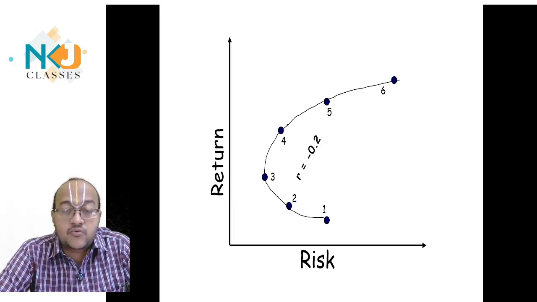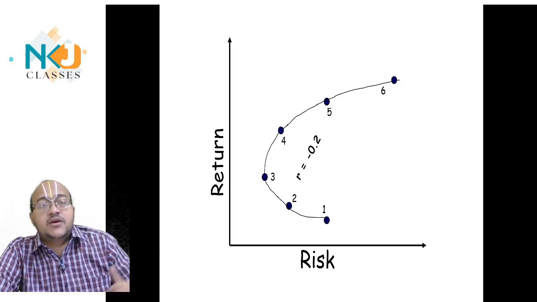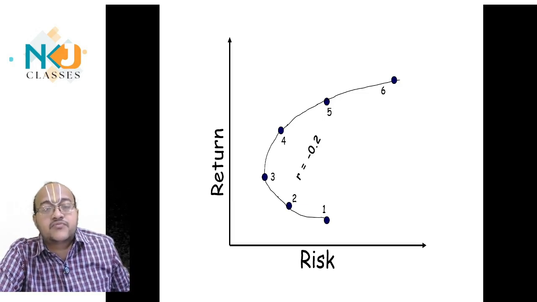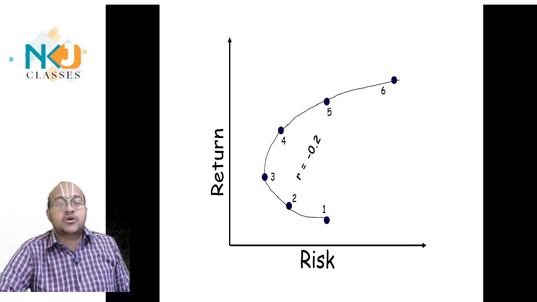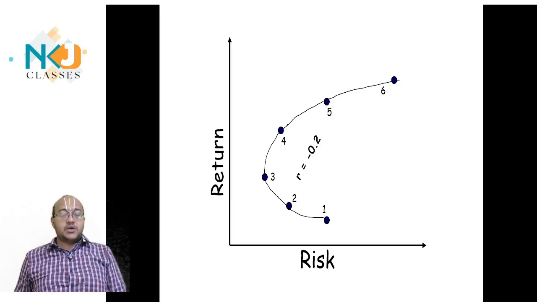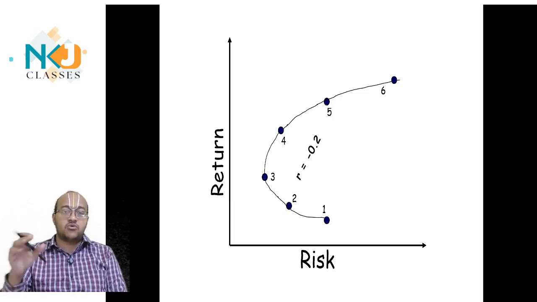Are you understanding? Risk-free security, risk-free return: we computed it in the past questions, numbers 4, 5 and 6. Because if the correlation is exactly minus 1, we can even reduce the portfolio risk to 0.